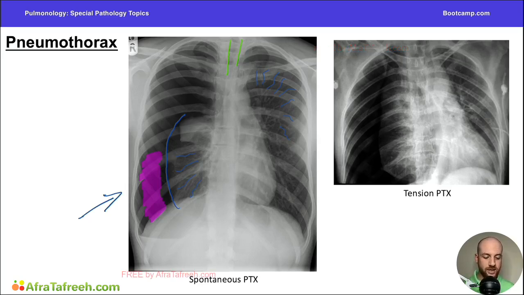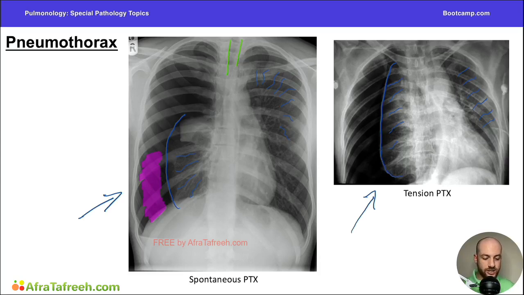So now let's take a look at this X-ray image over here, which represents a tension pneumothorax. And we can see on this side, we see lung markings that are extending all the way to the chest wall, which is suggesting that this lung is fairly intact. Whereas on the other side, we can see the lung markings only extend so far, and we can also see the border of the collapsed lung here.